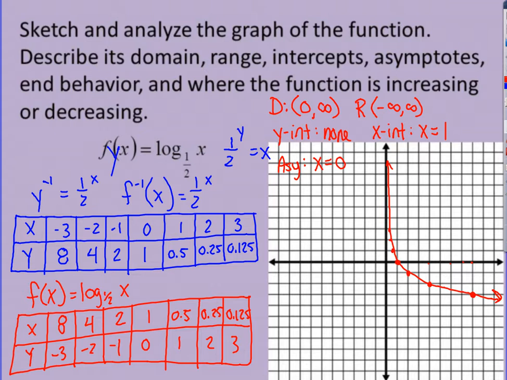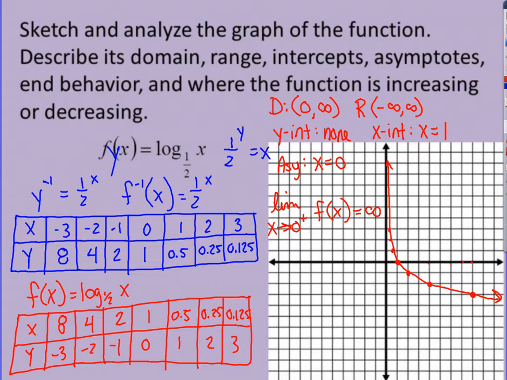Our end behaviors, again, it is not going to the left of the y-axis. So our left end behavior is going to be the limit as x approaches 0 on the right side of it, so on the positive side of 0, of f of x, and that's going up forever.